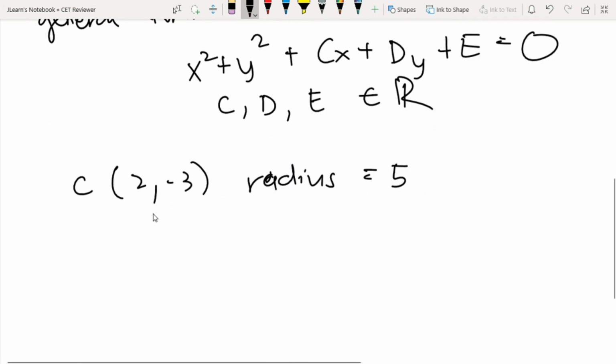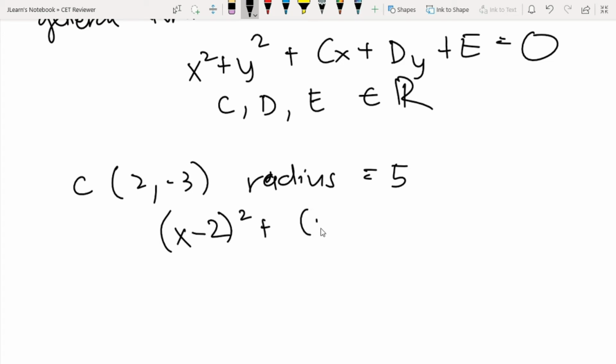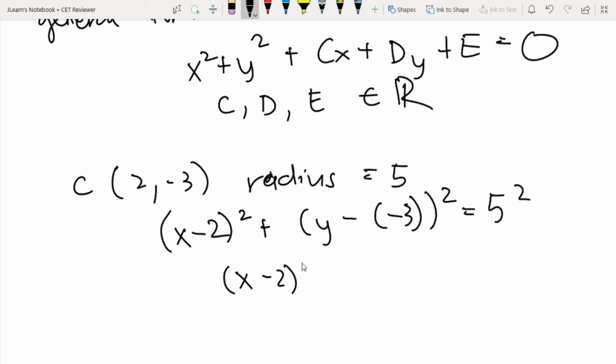So, x minus 2 squared plus y minus negative 3 squared is equal to radius, which is 5 squared. No? And kapag sinimplify natin to, this is basically x minus 2 squared plus y plus 3 squared is equal to 25.